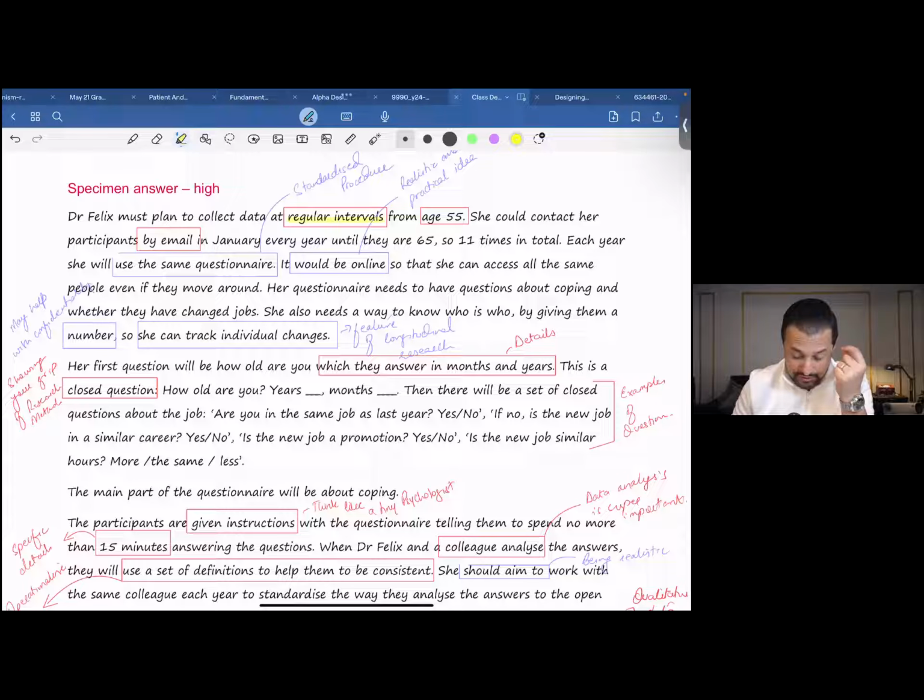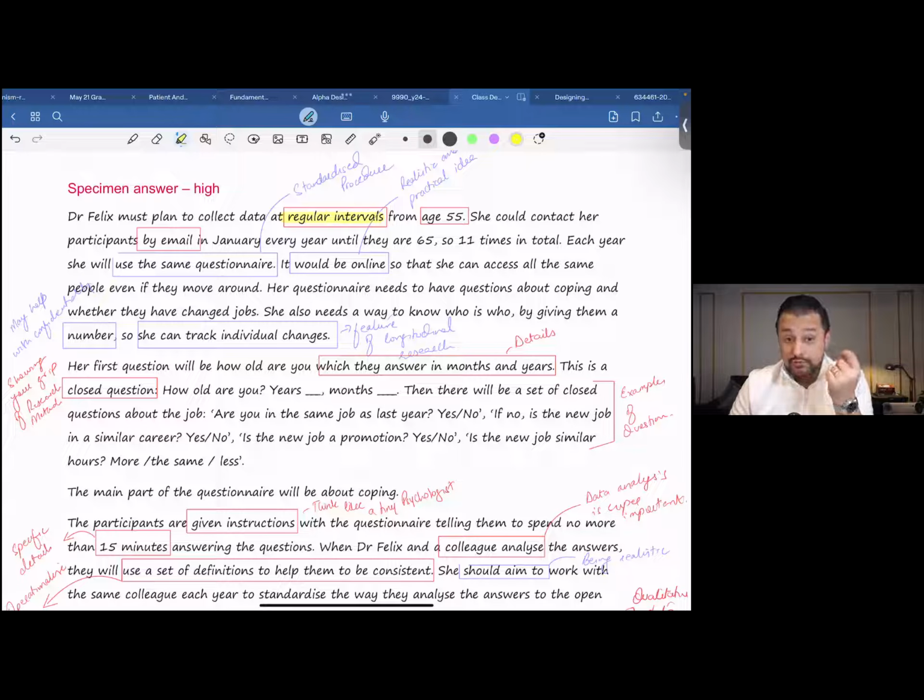By using this term, regular intervals, you're showing the examiner that you know it is an essential feature of longitudinal research that the researcher collects data at regular intervals, right?